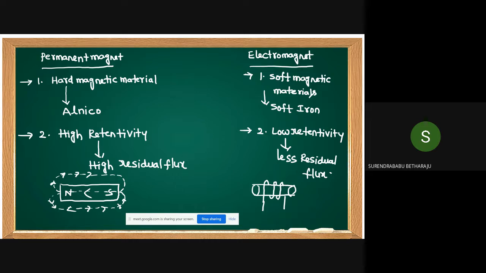Now see, students, a very important observation here. For example, this is one electromagnet. This is the coil. The current is given like this, this is the direction of the current.